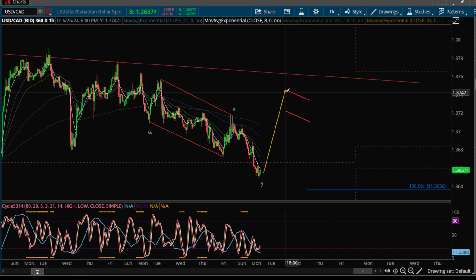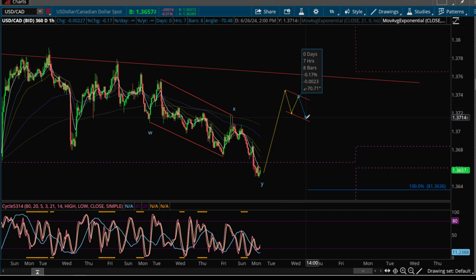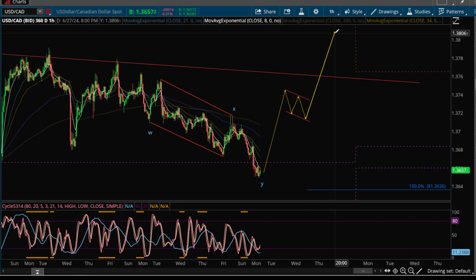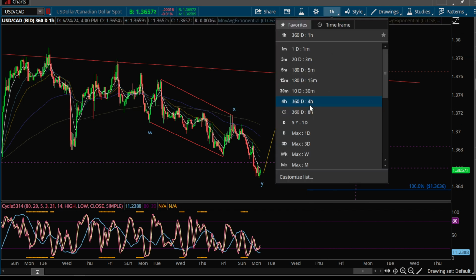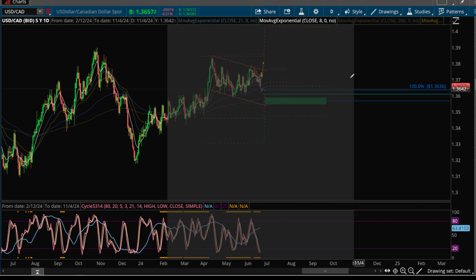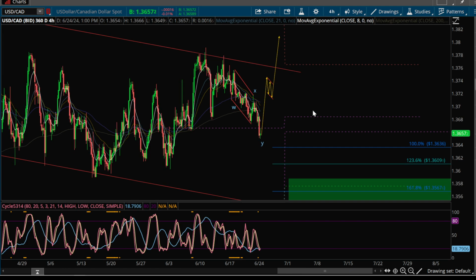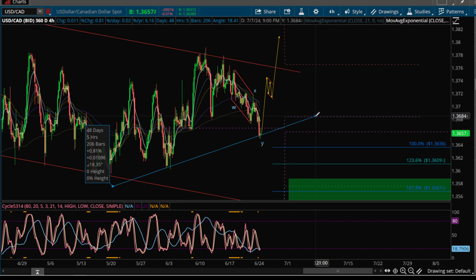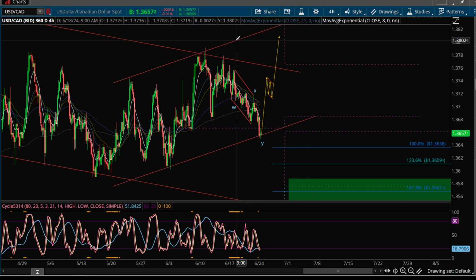All right. Price could correct instead of drop and just keep going back to the top of this channel we're talking about, right? The other channel we talked about. Because you're still in this, right? You could still be in this ascending channel. And this could just work its way right back up to the top of the channel like this.